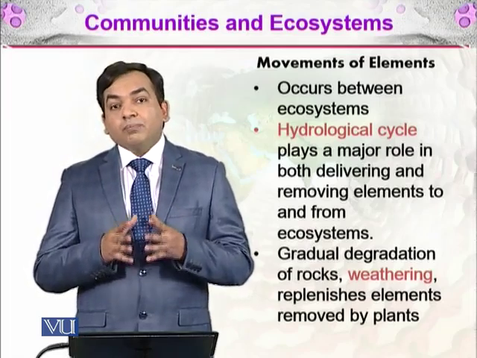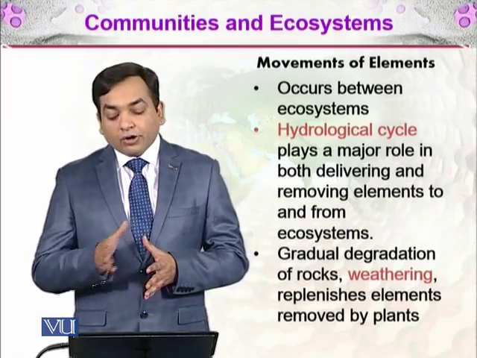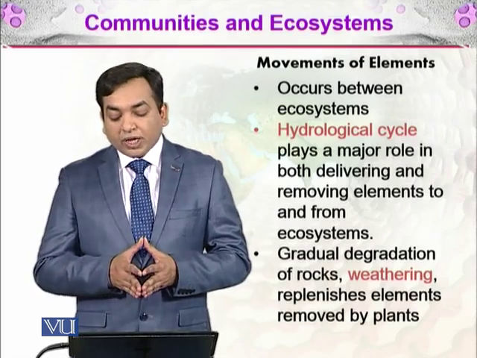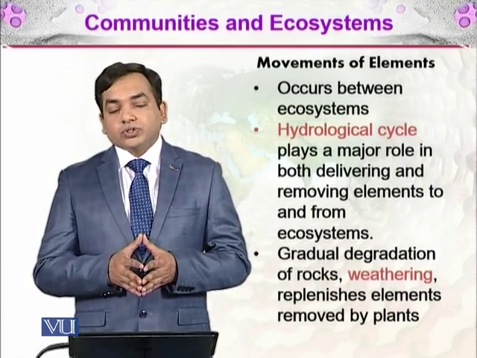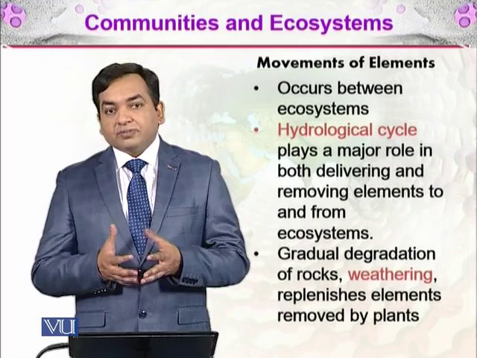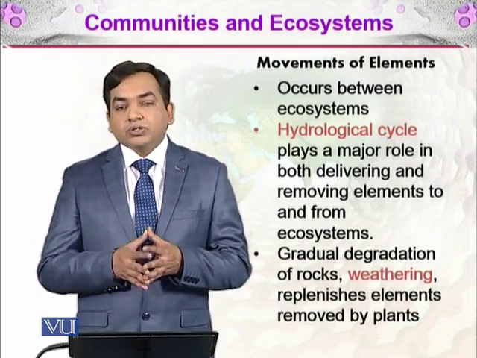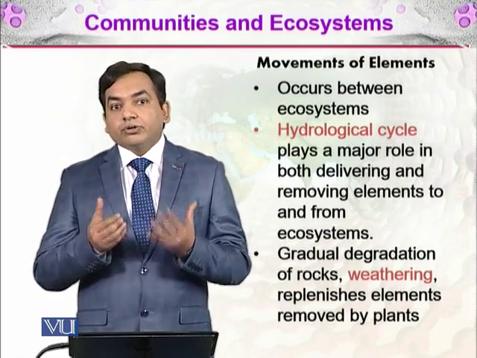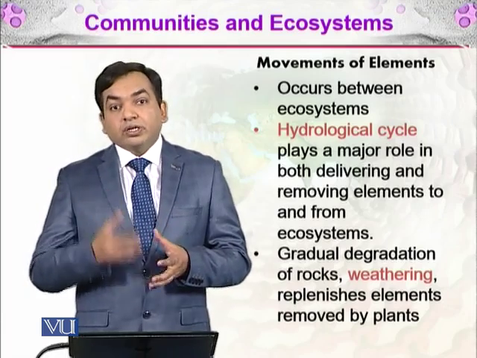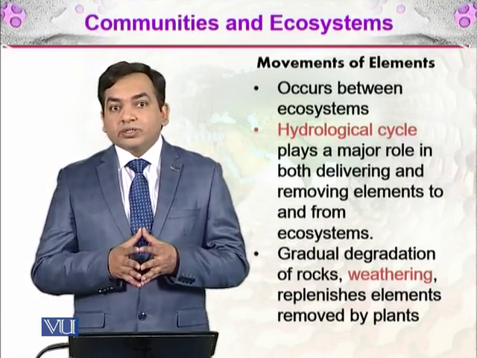The movement of elements occurs between ecosystems, and the hydrological cycle plays a major role in both delivering and removing elements to and from the ecosystem. So what is the hydrological cycle? Hydro means water, so it is the water cycle. The water is evaporated from the oceans, it goes out into the clouds, and it comes back to the earth in the form of precipitation, and then it turns into rivers, and rivers go back towards the oceans.